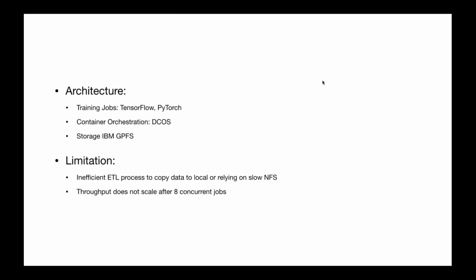As you can see, our architecture is mainly TensorFlow and PyTorch or some other deep learning platform, and we're using DCOS to orchestrate the Docker containers, pulling data from the IBM HDFS storage. Every time we do that with NFS, the data relies on pulling through the network infrastructure.